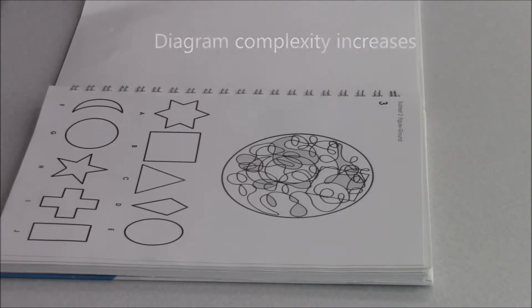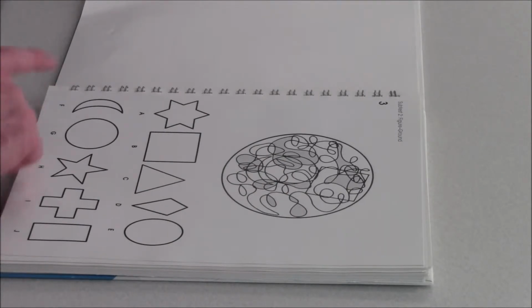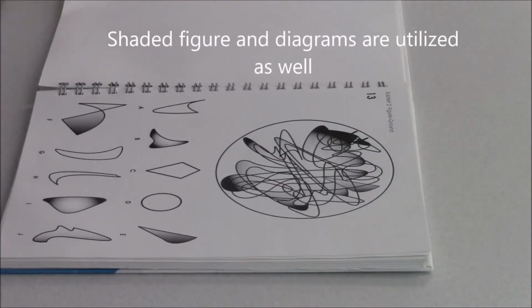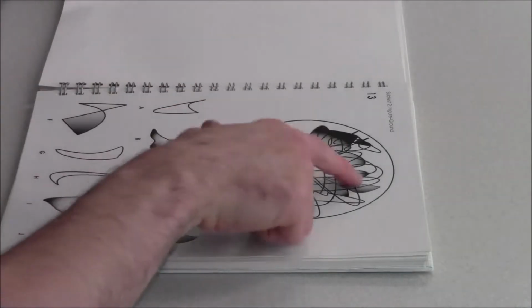All right. We have B for the box, G for the circle, and F for the moon. Okay, so first of all we have D for the oval.